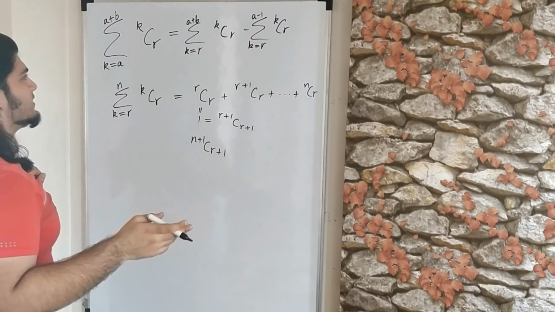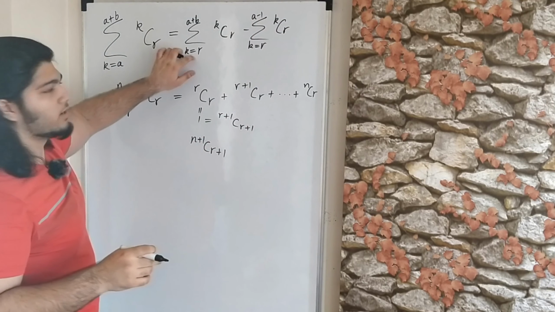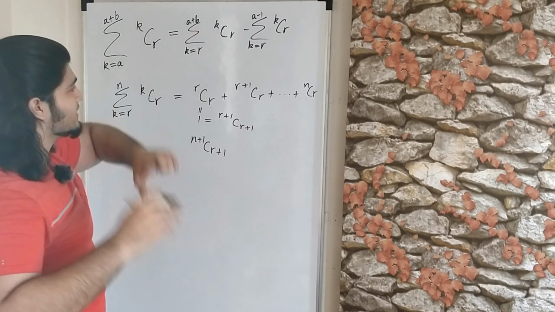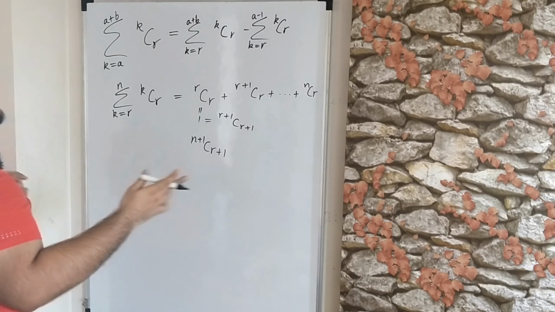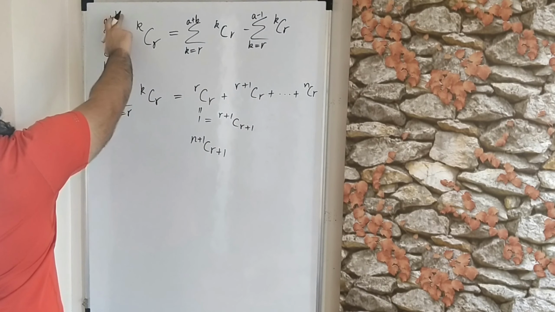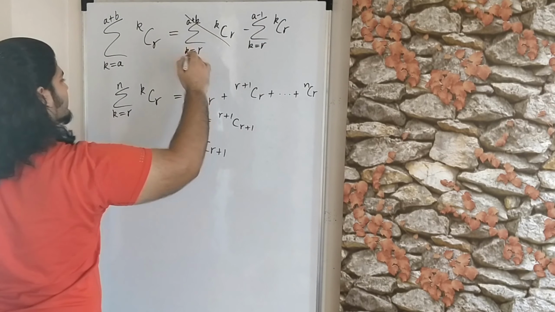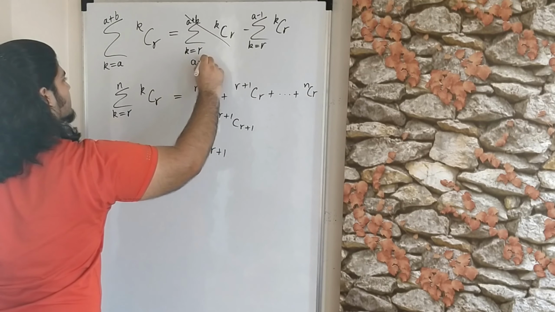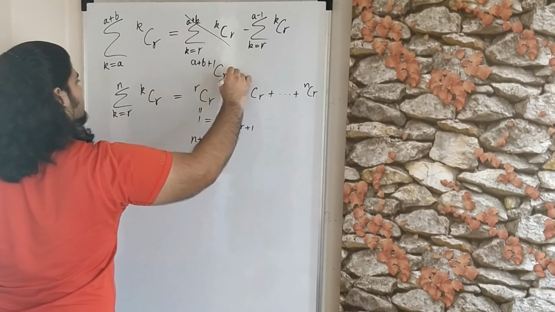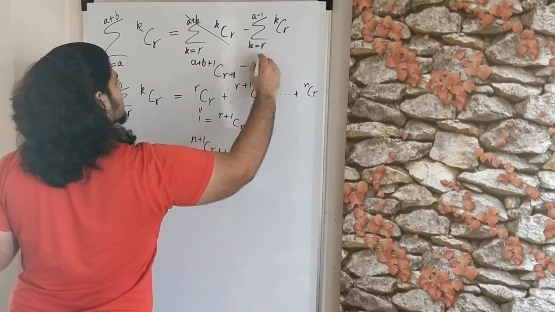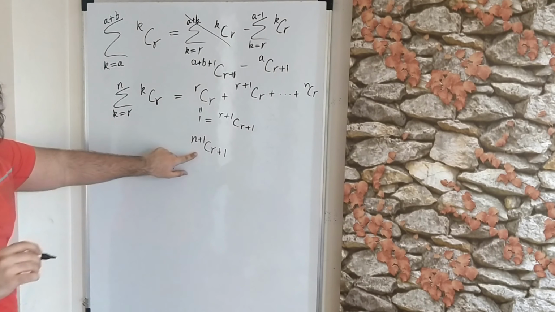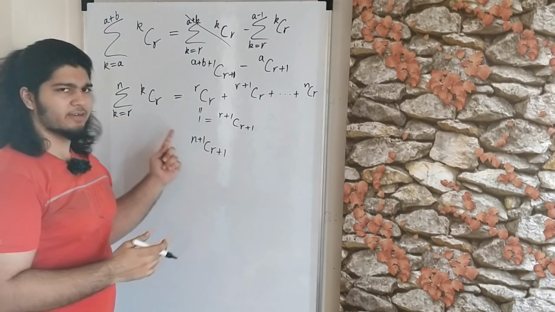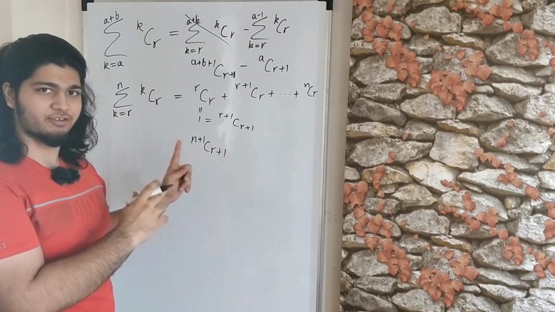So what this basically does is you take all the terms from r to a plus b in this sum, and then you remove the terms from r to a minus 1 in this sum. That way all you're left with is the terms from a to a plus b, and this can be evaluated to a plus b plus 1 C r plus 1 minus aC r plus 1 using this formula. So this is one way to derive it, but this is not the way I'm going to show you.